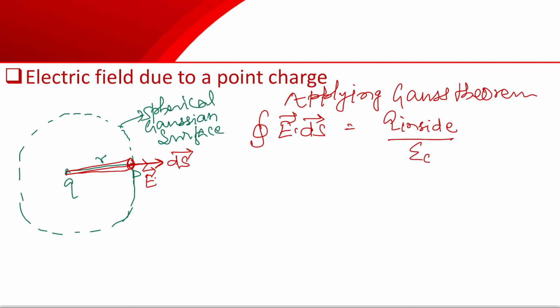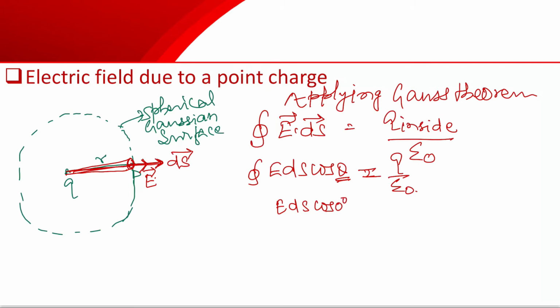We can write this as the closed integral of E ds cos theta equals Q inside, which is only Q, upon epsilon naught. Now the area vector ds and the electric field E are in the same direction, so theta will be 0. So we can write E ds cos 0 equals Q upon epsilon naught.